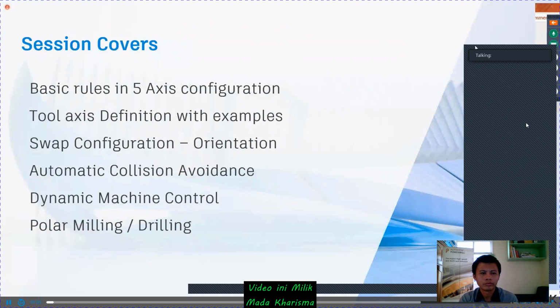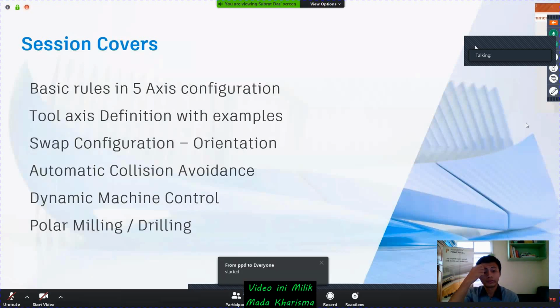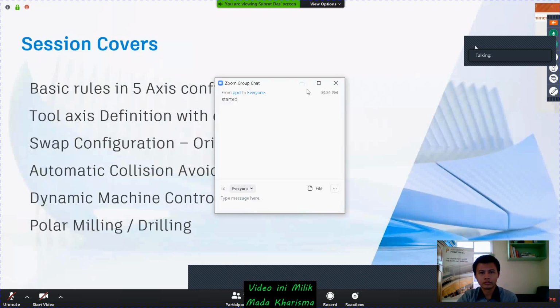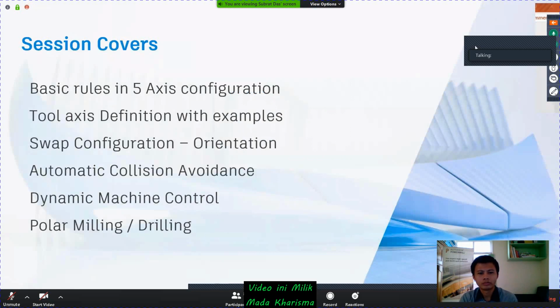Then we see some of the tool axis definitions with some examples, and we are also going to see swap configuration or orientation, which is a useful one. The next one is automatic collision avoidance. Then we also cover some of the topics under dynamic machine control. Also we go through polar milling or drilling operations.